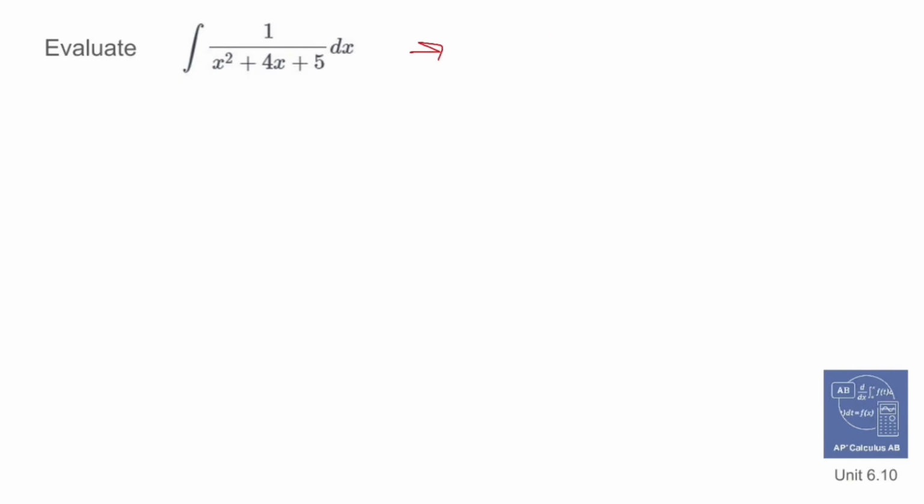So I'm going to pull x squared plus 4x and over here plus 5 to the side, and I'm going to complete the square. Completing the square has you take half the number in front of x, which is 2, square that, which is 4, and then add that over here.